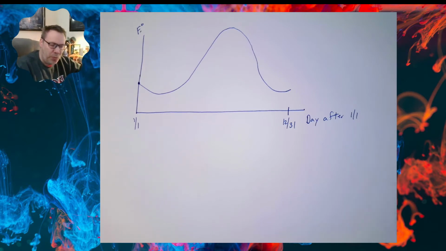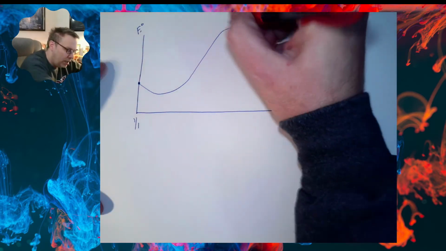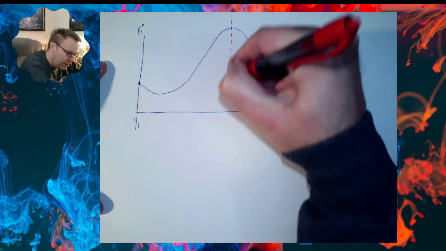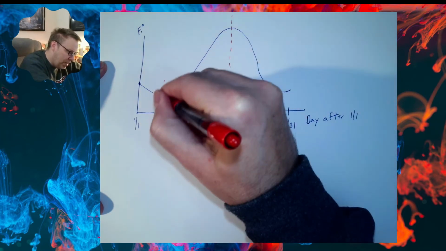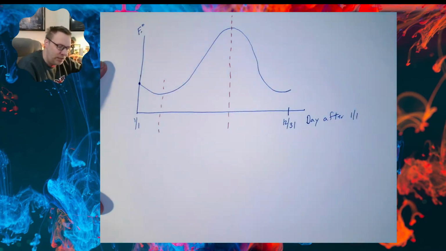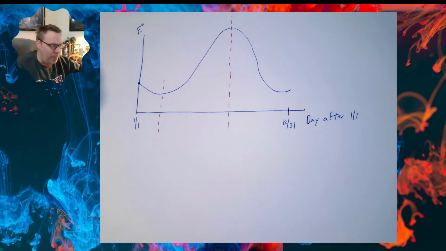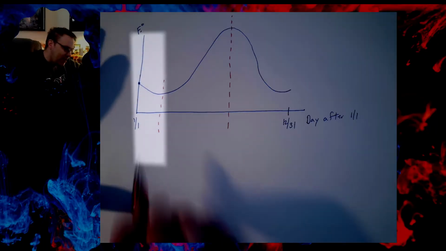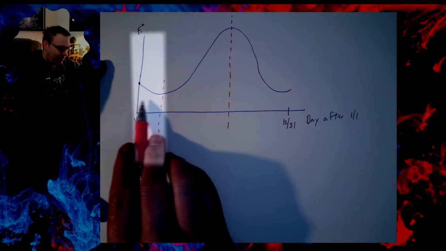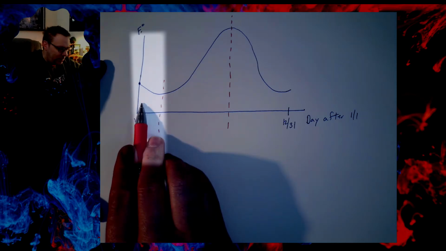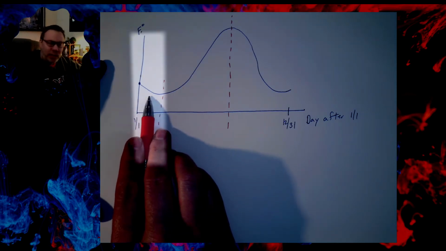So there are different parts of this graph. There's a peak right here. There's a minimum right here. And they have different properties. In this particular section of the graph, this is a decreasing function.